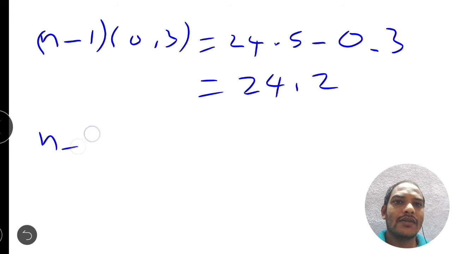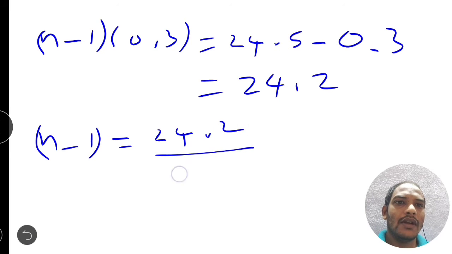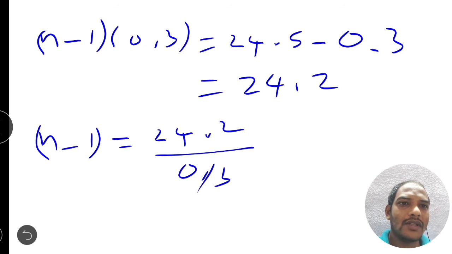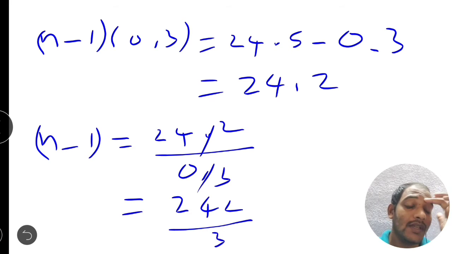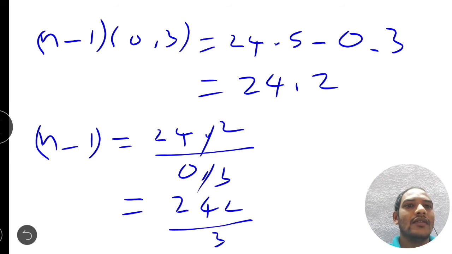Now n minus 1 into 0.3 equals 24.2, so n minus 1 equals 24.2 divided by 0.3. We have the same number of decimal places in the numerator and denominator, so 242 divided by 3. Is there any cancellation between 242 and 3?